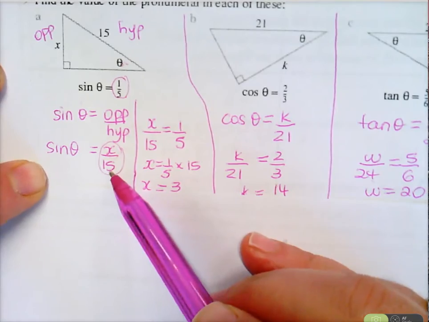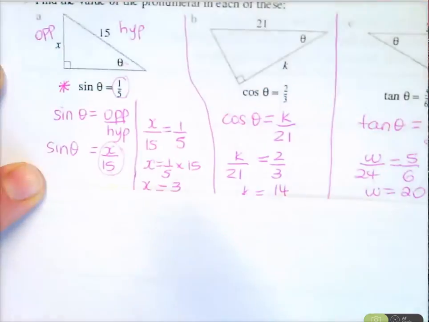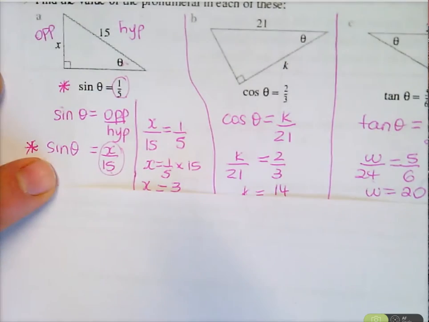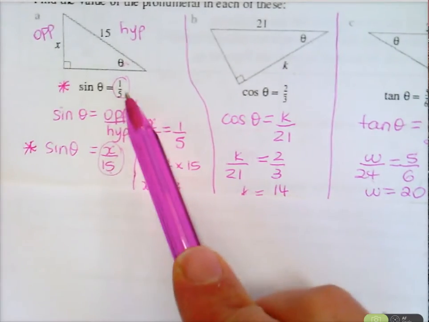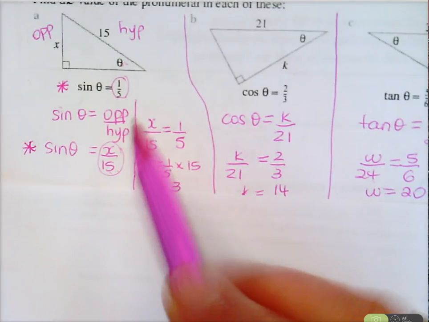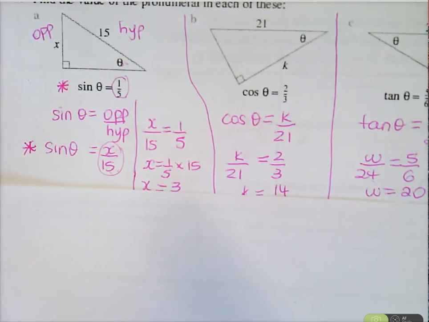Do you get that? So I've got two expressions for sine theta. The one that they gave me, sine theta is 1/5, and the one that I've just worked out, sine theta is x on 15. Doesn't it therefore make sense that x on 15 equals 1/5?